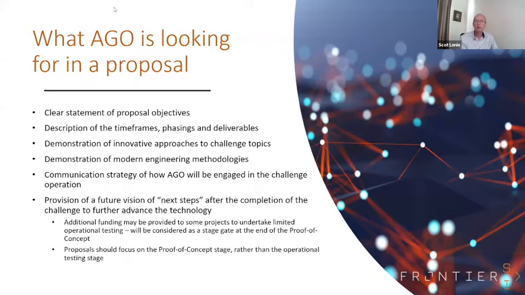So we expect that as part of your proposals, you should be able to provide an overview of your methodologies, timeframes, and deliverables. And just in terms of deliverables, again, we're not being too prescriptive. At a minimum, I would expect there'd be some form of a final write-up, some form of a final presentation. And we'd also be keen to see some form of a demonstrator and potentially also a test and evaluation plan associated with that demonstrator.